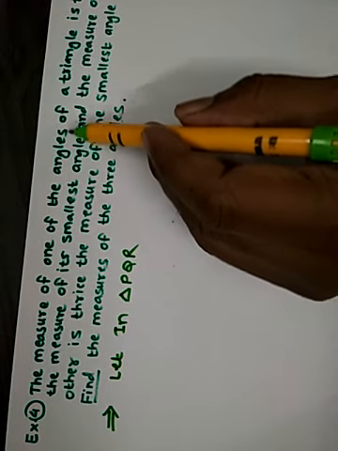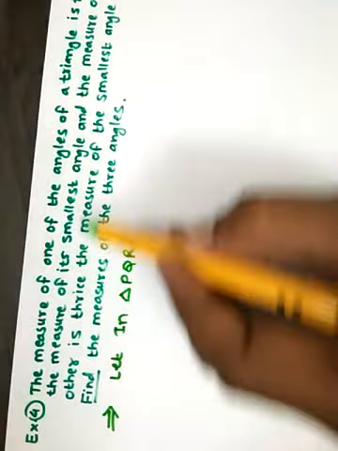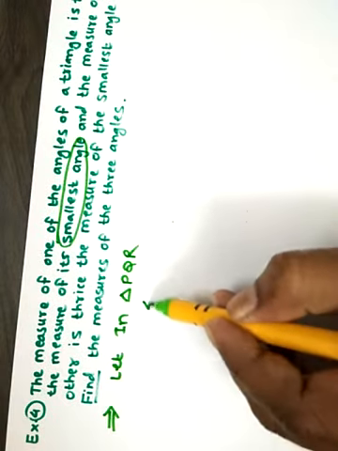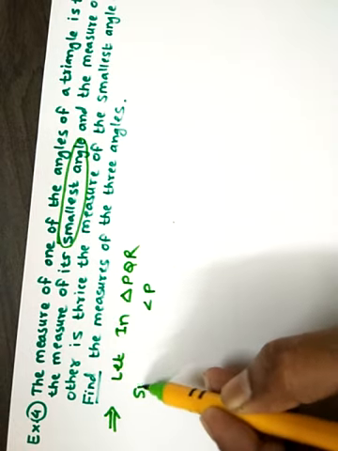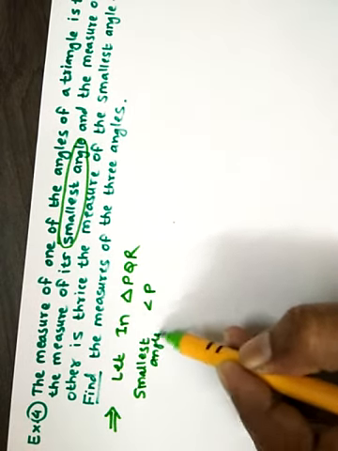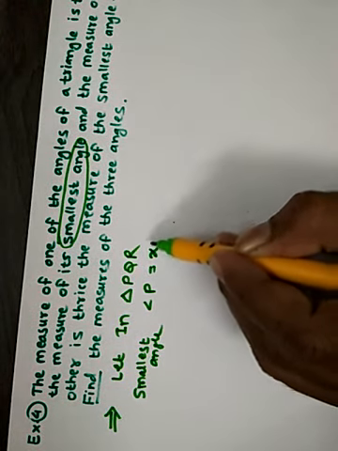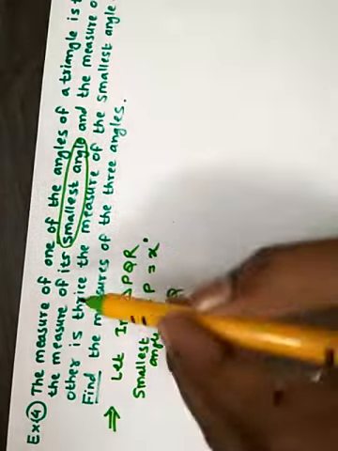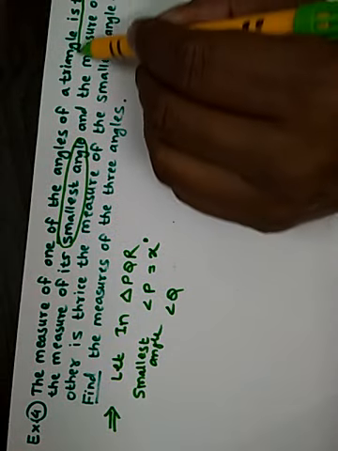One angle is the smallest. We take the smallest angle P, and say the measure of this angle is x degree. Now there are two statements.